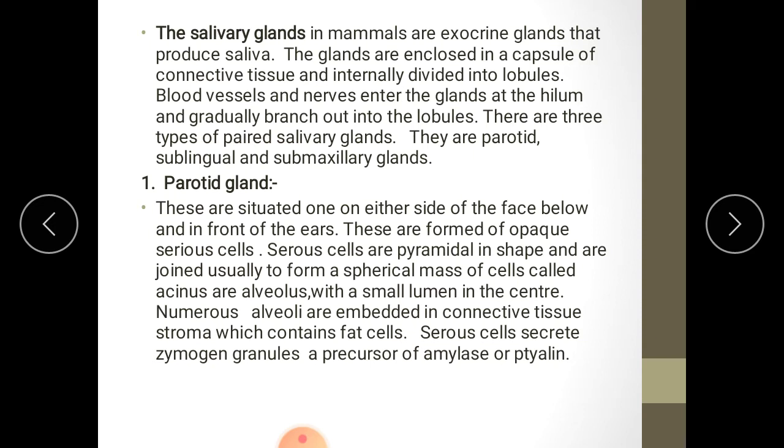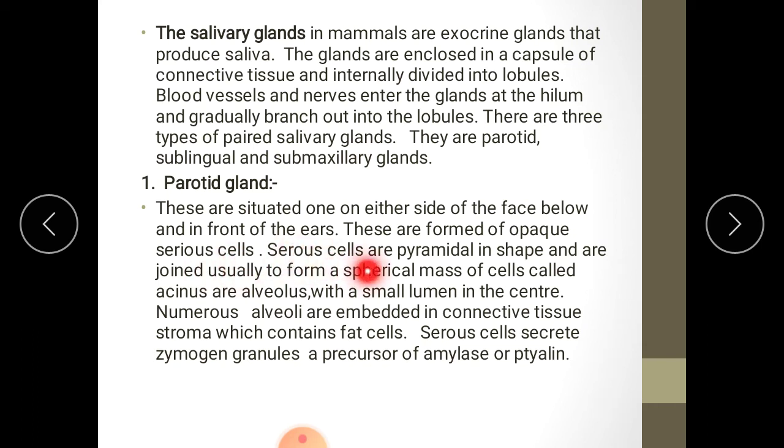So the first pair is the parotid gland. These are situated one on either side of the face, below and in front of the ears. These are formed of serous cells.